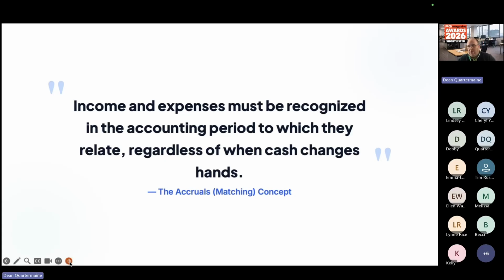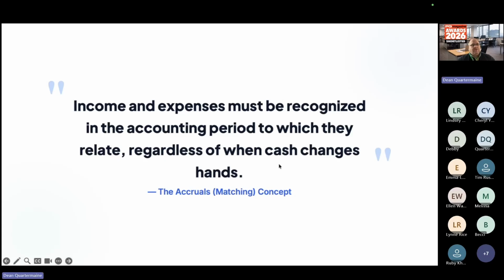So it's not about when cash changes hands. It's literally about when the income was earned and when the expenses were incurred, not when you paid for them or received the cash from your customer.